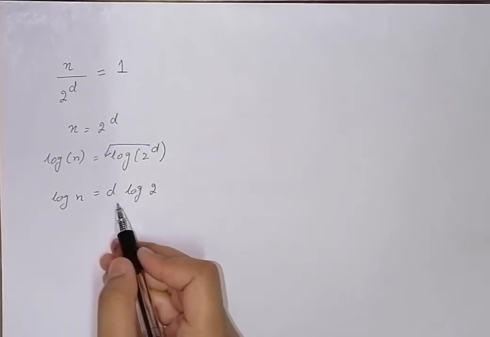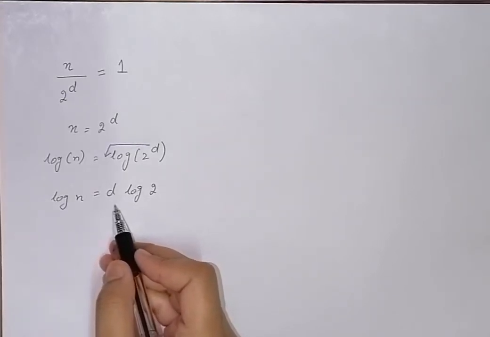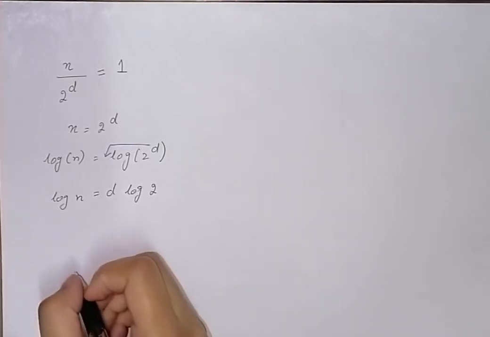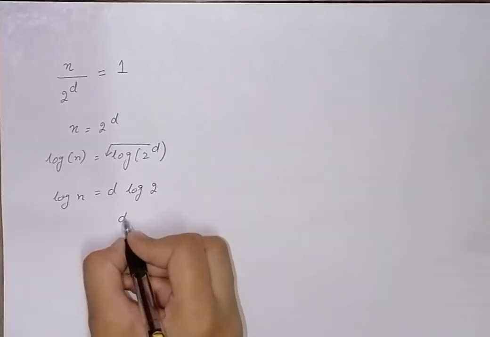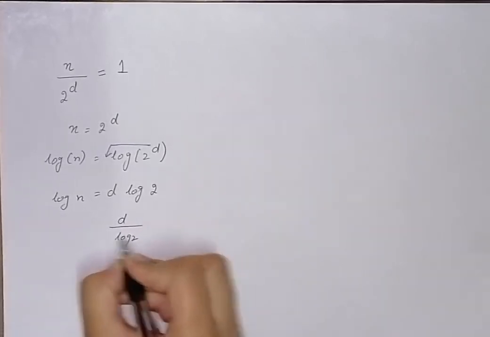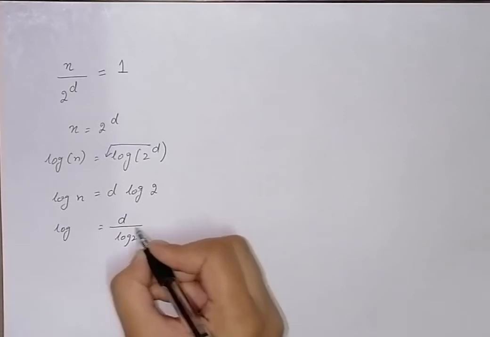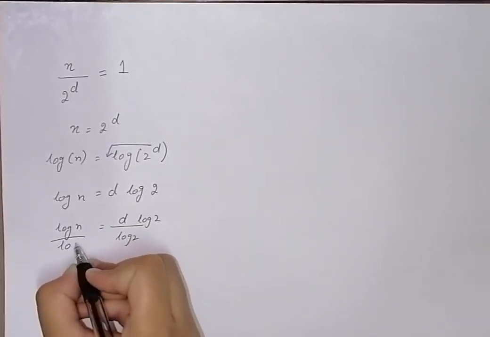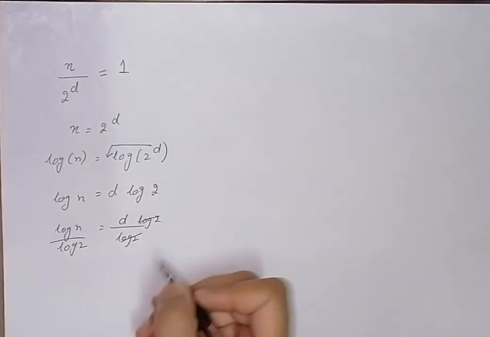Now I need to figure out the value of d. In order to do that, I may divide both sides by log of 2. Here it will become d multiplied by log of 2, and log of n divided by log of 2. This log of 2 will cancel out.